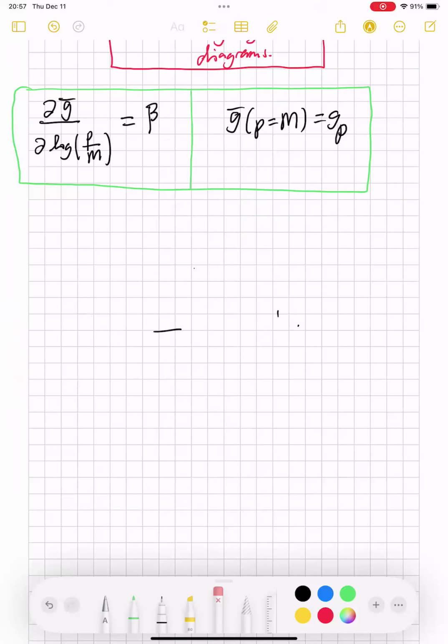Good. Okay. So what's Coleman's model? Well, he's got a very nice physical model. So let me just tell you what it is. So here is Coleman's model, and this was invented just to help us to think about the Callan-Symanzik equation. So Coleman's model goes like this.